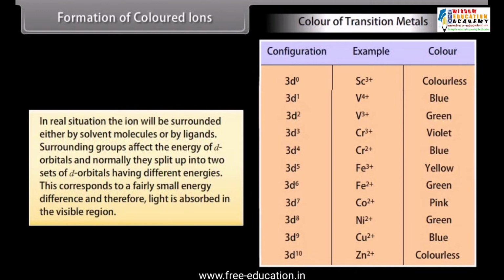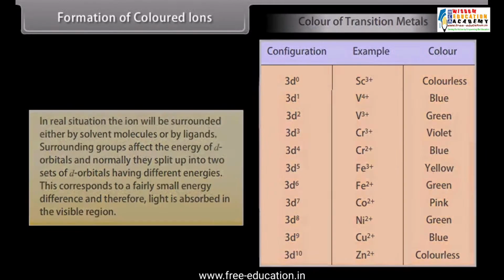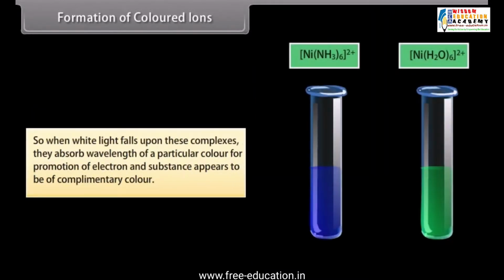Surrounding groups affect the energy of d orbitals, and normally they split up into two sets of d orbitals having different energies. This corresponds to a fairly small energy difference, and therefore light is absorbed in the visible region. So, when white light falls upon these complexes, they absorb wavelength of a particular color for promotion of electron, and the substance appears to be of complementary color.